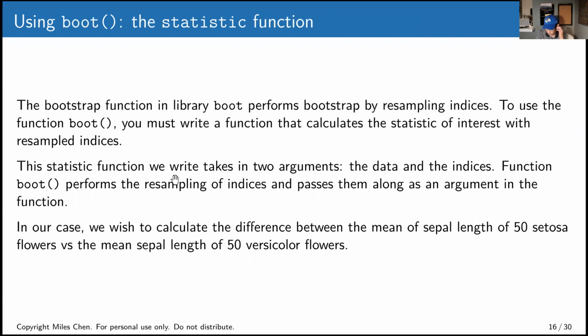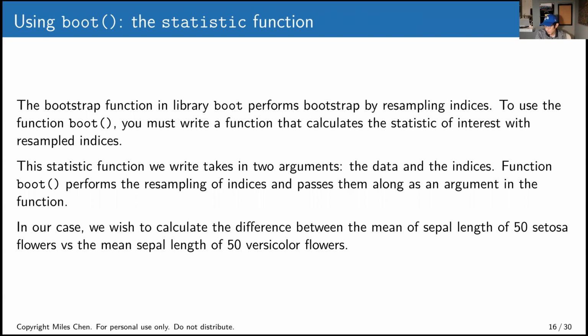We write a function called the statistic function, and this function takes in 2 arguments, the data and the indices. The Boot function will resample the indices itself. It's going to pass those resampled indices to the statistic function, and then the statistic function will then return the calculated value.